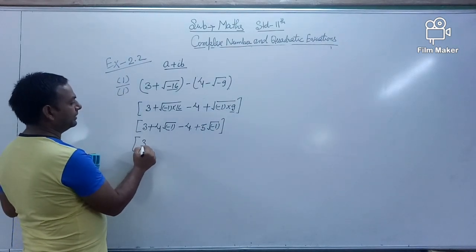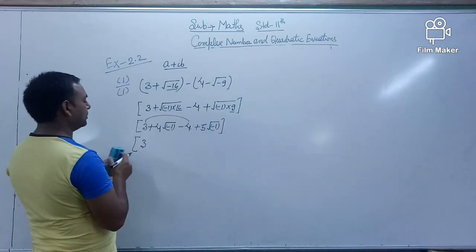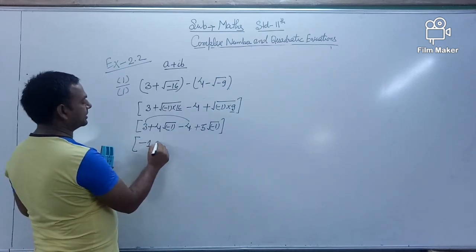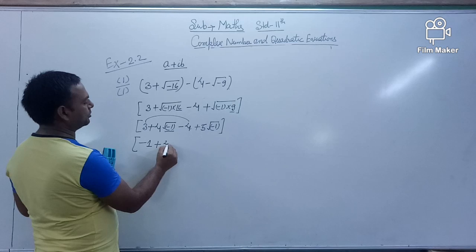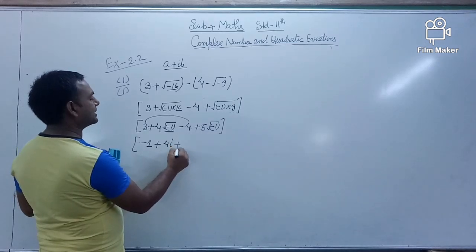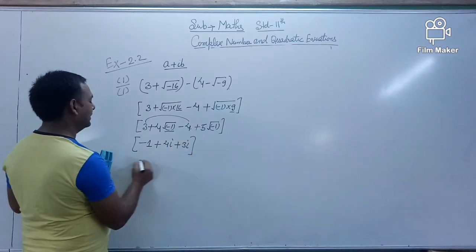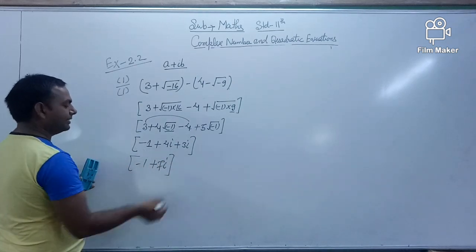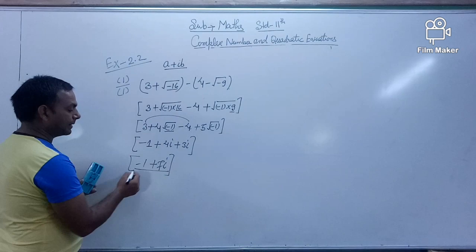Then 3 minus 4, that is minus 1, and plus 4i plus 3i, since under root minus 1 is i. Then this is minus 1 plus 7i. This is the form a plus ib.